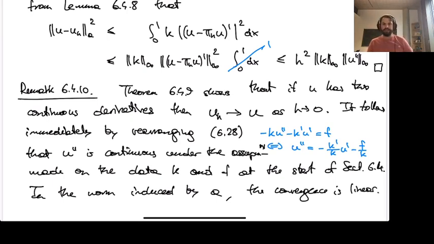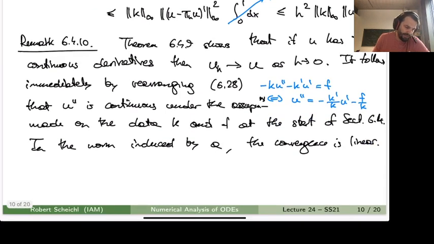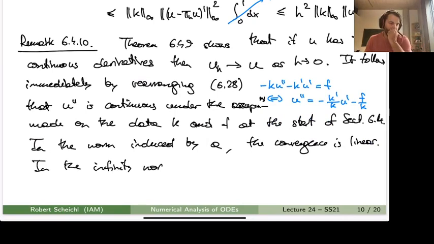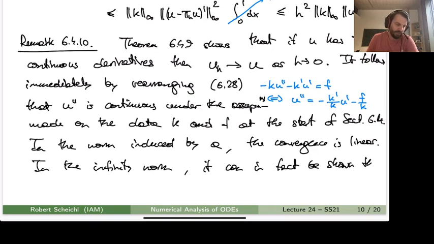I'm not going to prove it, but I'm just going to state that in the infinity norm it can in fact be shown that u minus u_h in the infinity norm is in fact order h squared.